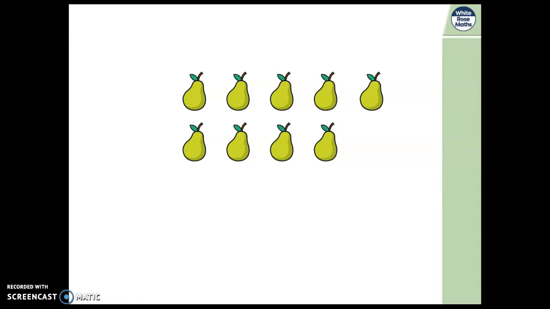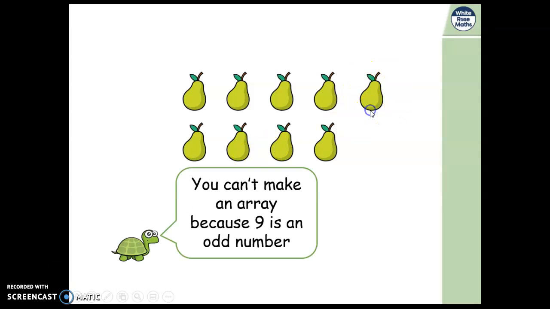Now, we cannot split this array into equal groups because of this. Or can we? Just because we can't do rows like this doesn't mean that we can't still make an array.